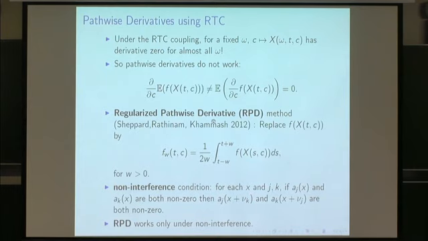any state and any pair of reactions, if both can fire at that state, then the firing of one reaction should not prevent the other. So let's say both j and k can fire at state x, and then k fires first, then you go to state x plus nu k. Then aj of that should not be 0.